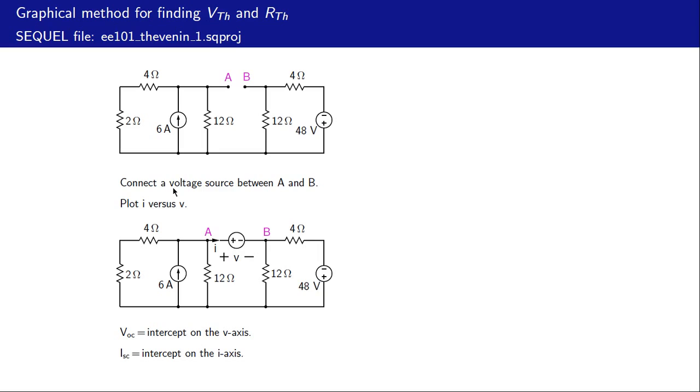We connect a voltage source between A and B like that, and then plot this current as a function of this voltage. And when we do that, Voc is given by the intercept on the v-axis, and Isc, the short circuit current, is given by the intercept on the I, or the current axis.